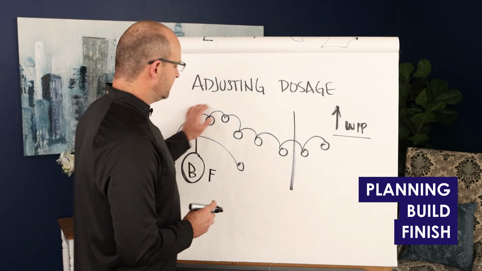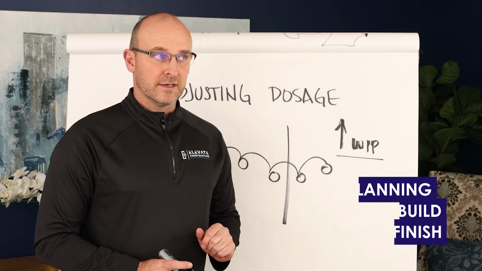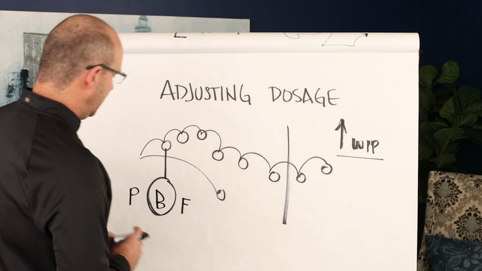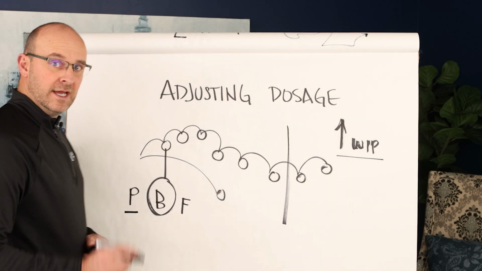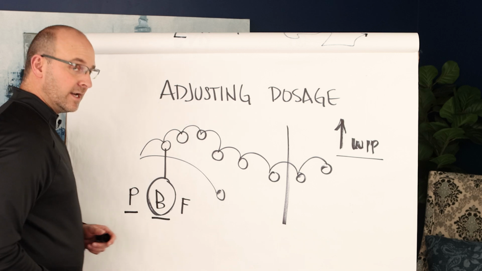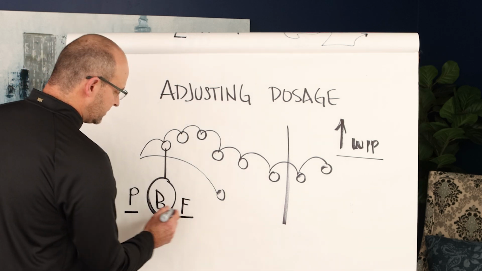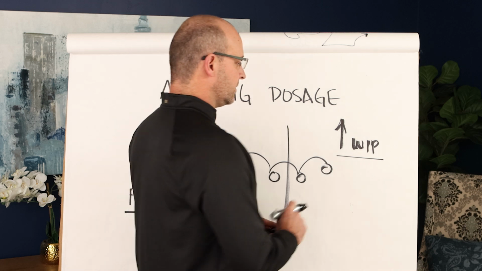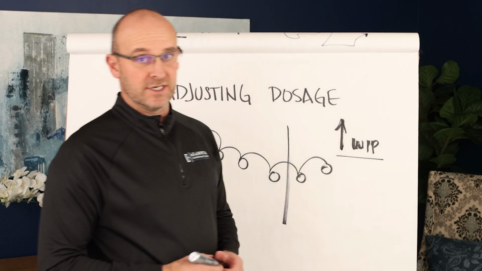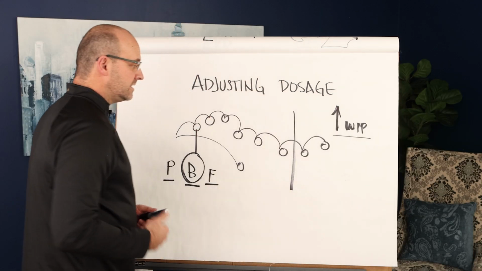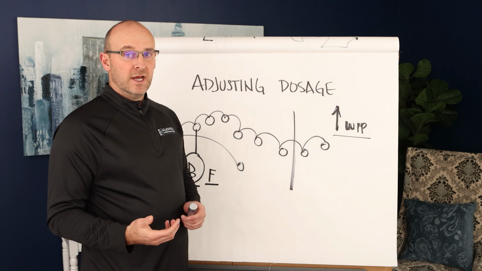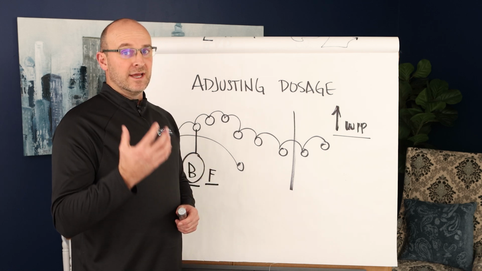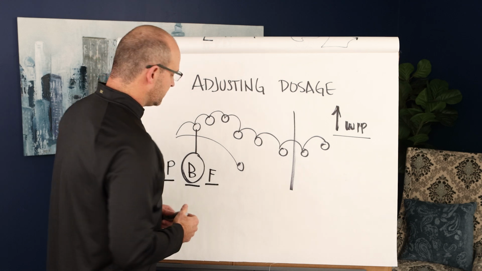If I'm trying to do a lot of activities and I have a low dosage of focus, a low dose of planning, a low dose of building it right, a low dose of finishing as I go, then that means that I've got a lot of work fronts open, and it means that I'm not finishing as I go. So this does tie into the other concepts of triage, getting rid of bad multitasking, and working in one piece or one process flow.